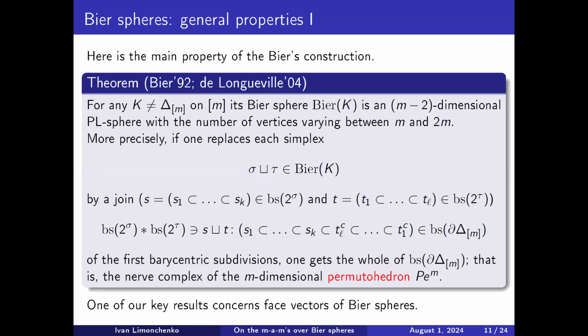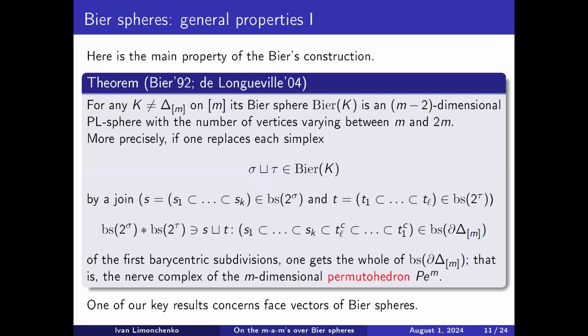He says that if one replaces a simplex in the Bier sphere, a simplex of type sigma plus tau, where sigma is in K and tau is in K dual, with the join of the corresponding barycentric subdivisions of those simplices, you will obtain nothing else but the barycentric subdivision of the boundary of the whole simplex. That basically means that each Bier sphere is a PL sphere. Here is the PL homeomorphism.